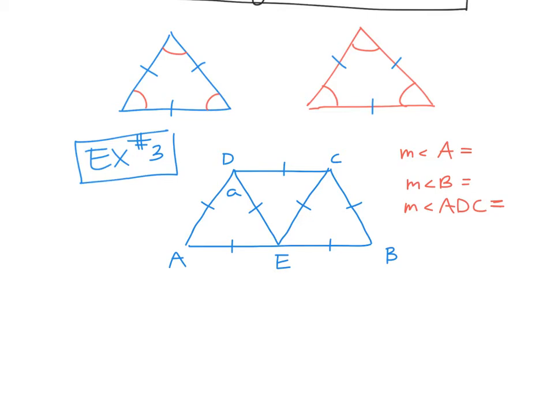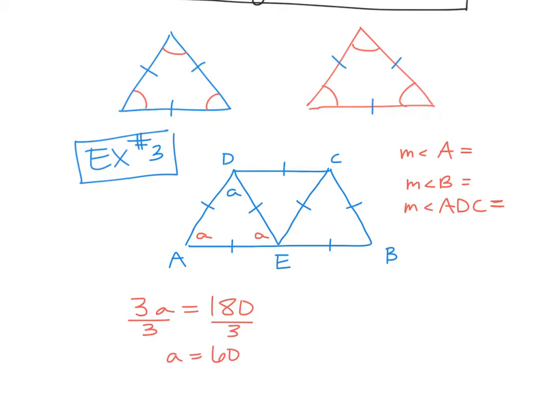Okay. First thing I want to know is, can you tell me what lowercase a would be? You can. Because if we know it's congruent to everything else, then those are all A's, right? It's 60, right. I can say A plus A plus A, or 3 times A, has to equal a triangle, which is 180. So if I divide by 3, then A is going to be 60, okay?